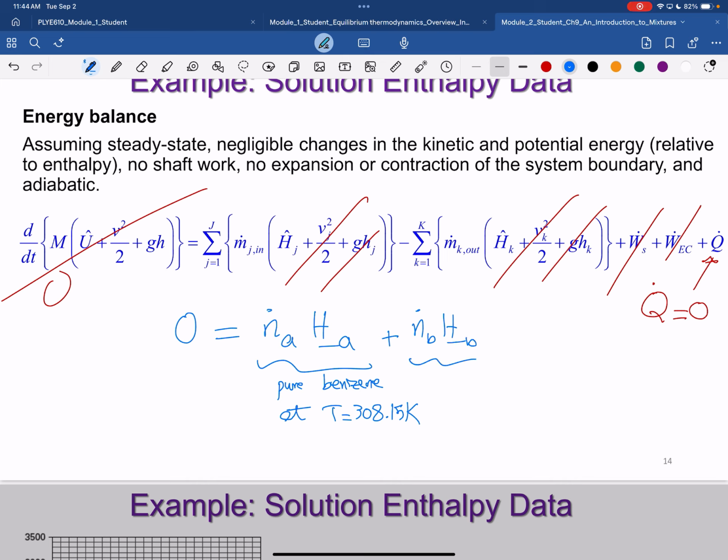So this is a mixture at T 298.15. Minus what goes out of the mixture, right? Remember, the mixer is our system. In minus out. So this is n dot C times H C. This is a mixture at an unknown temperature.